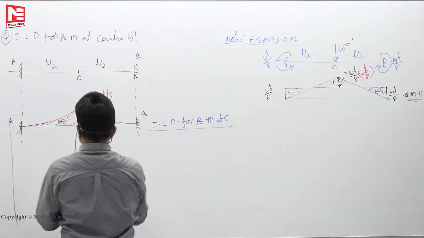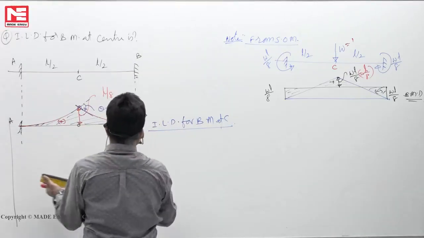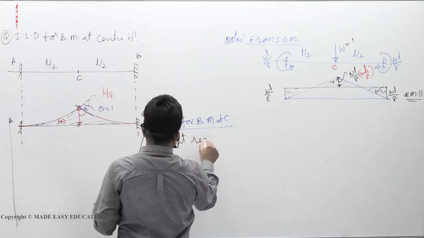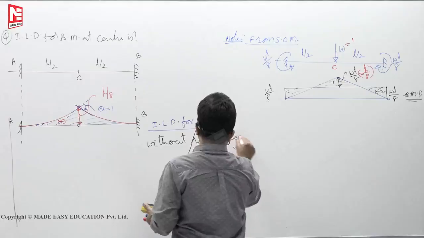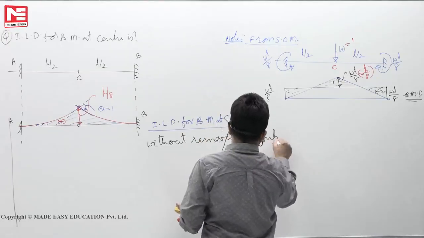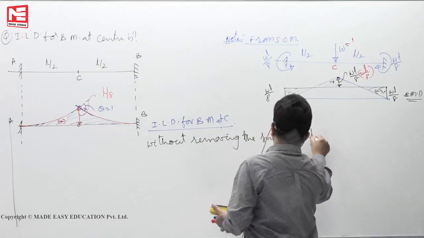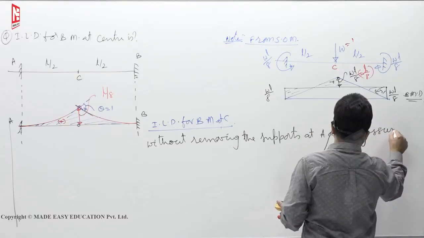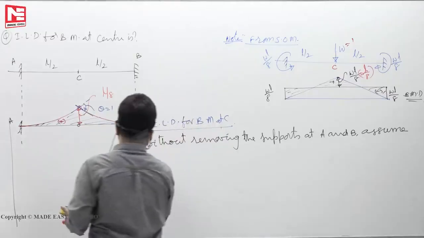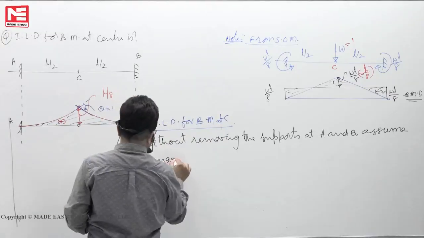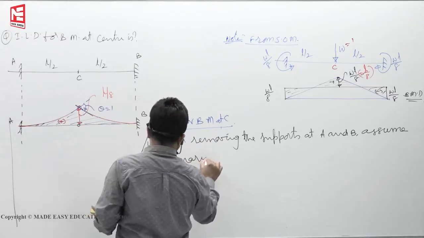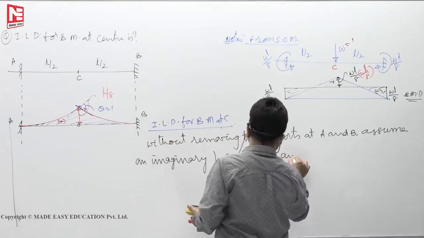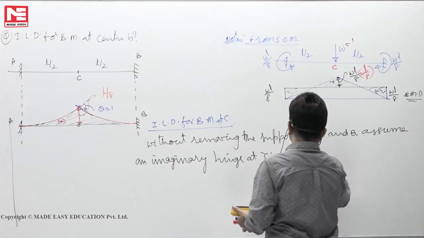So this is the process. Without removing the supports at A and B, assume an imaginary hinge at C and apply unit rotation.